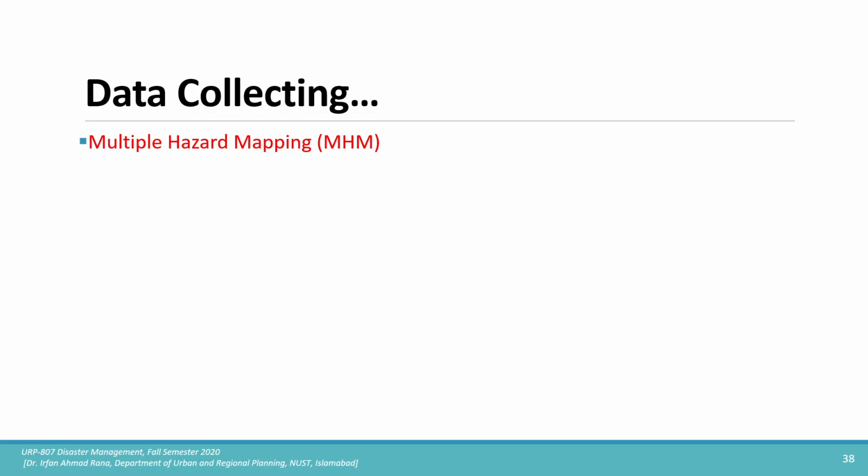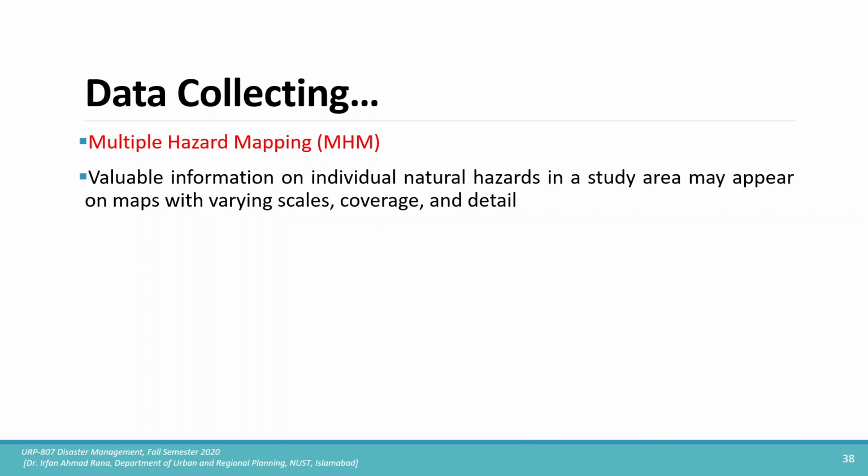And then, when we talk about mapping, mapping is the main output of hazard assessment, in which we show the public, or the planners, where the hazard values are high. Those areas are to be avoided, or the development done in that area should be resistant to the particular hazard.